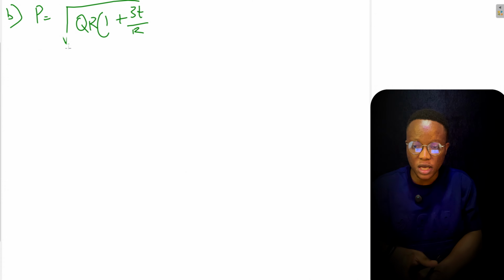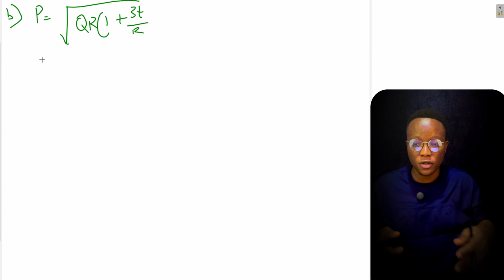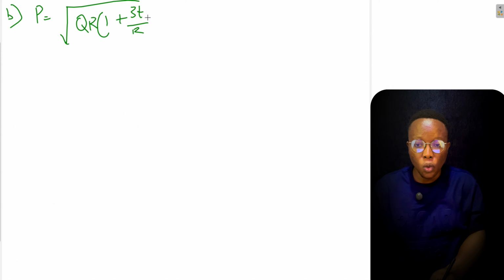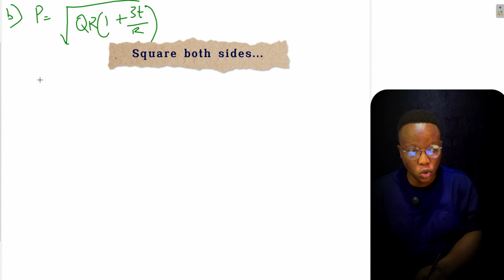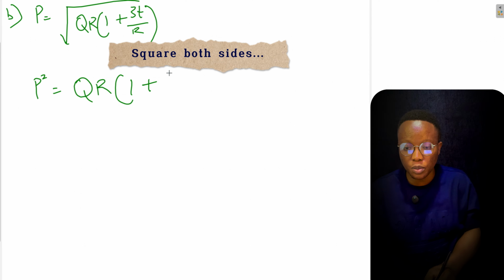All right. So let's go to the next question. We have p is equal to the square root of qr into 1 plus 3t over r. What do we do first in that situation? We square both sides. When we square both sides, we are going to have p squared is equal to qr into 1 plus 3t over r.